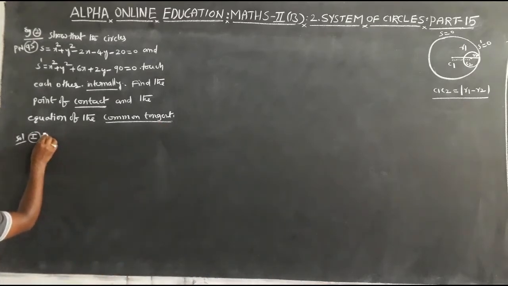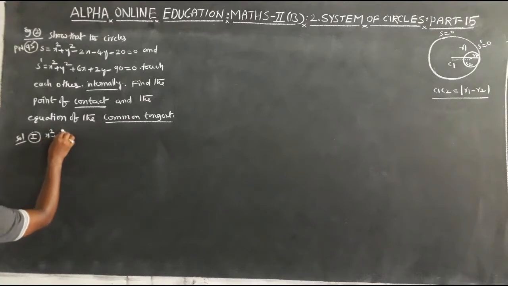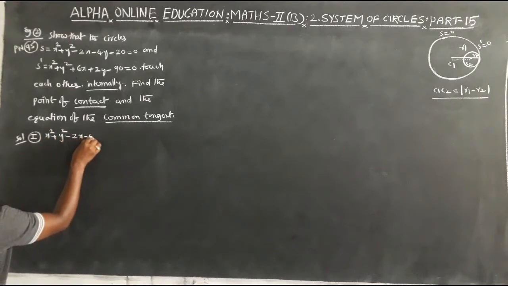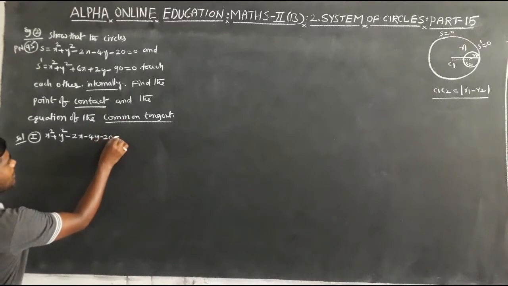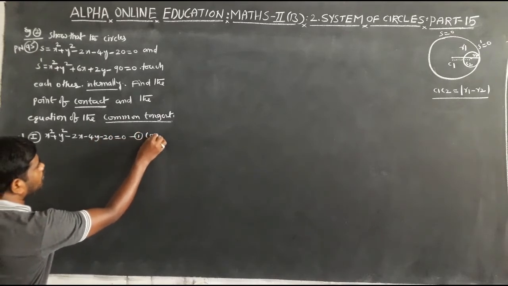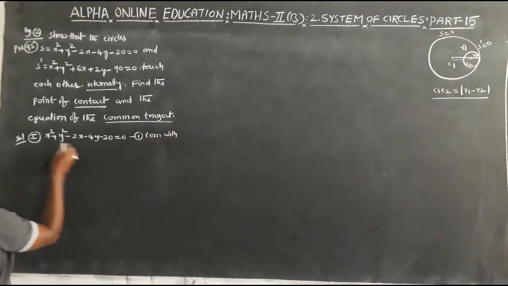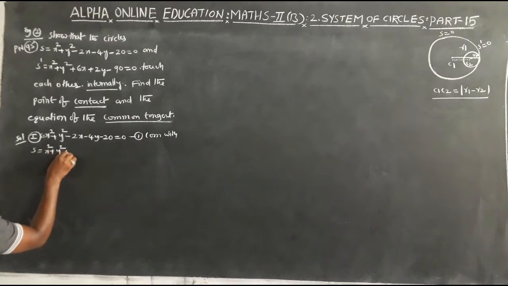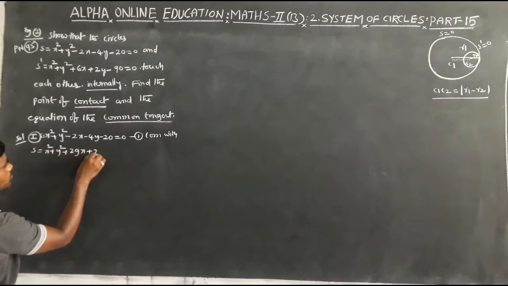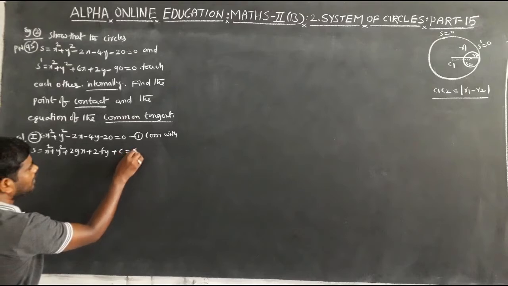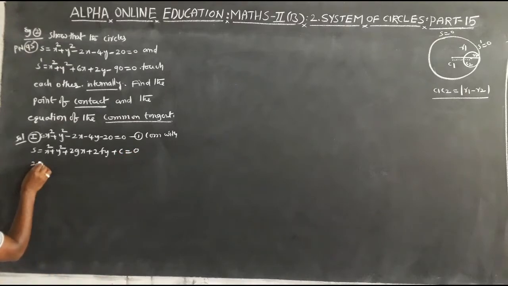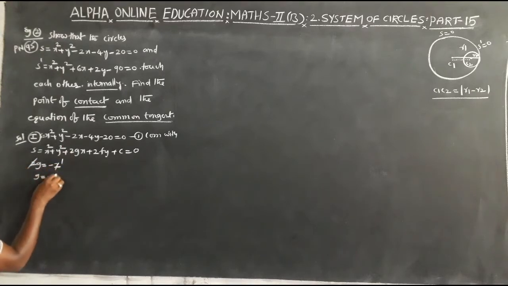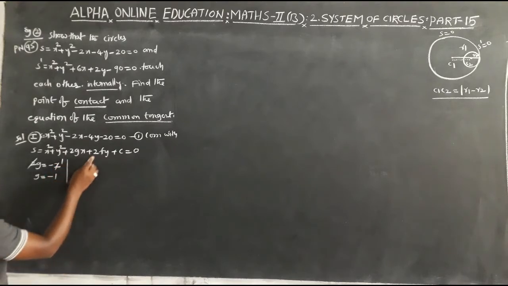First circle, equation x² + y² − 2x − 4y − 20 = 0. Comparing with the general equation S = x² + y² + 2gx + 2fy + c = 0, x coefficient 2g = −2, so g = −1.